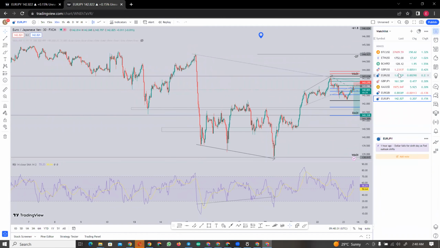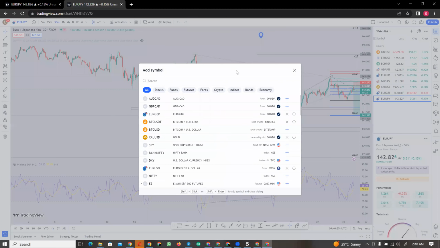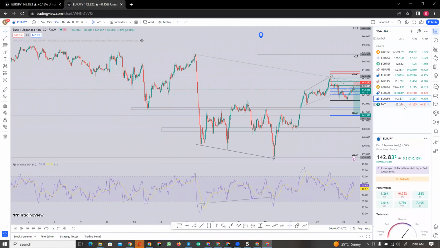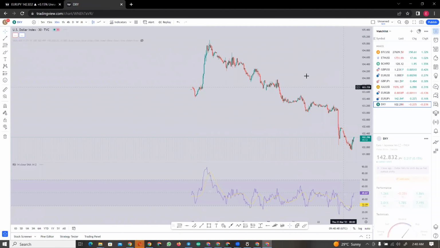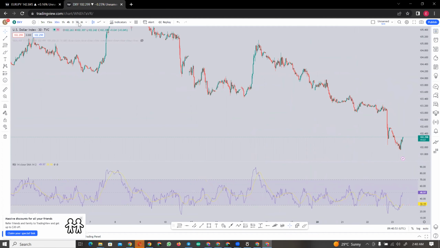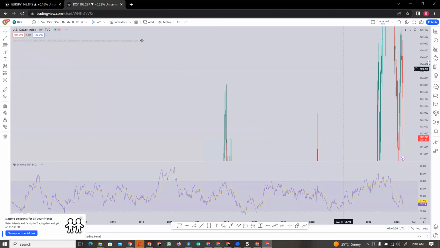DXY, TVC. Okay, let's go there. DXY, come to weekly time frame.